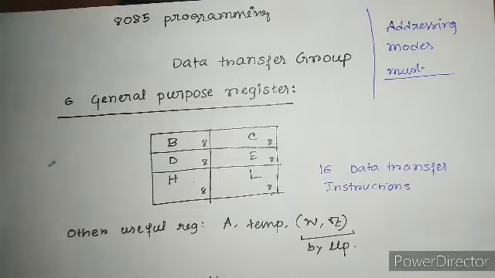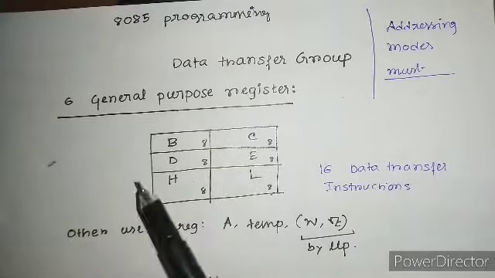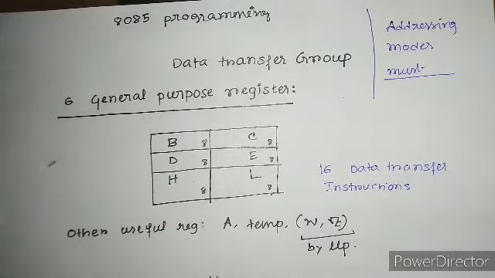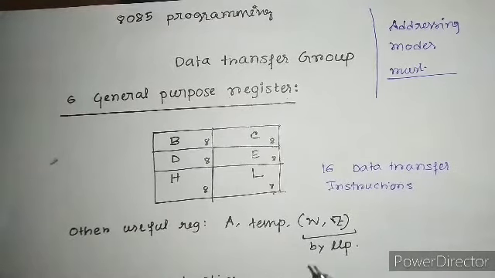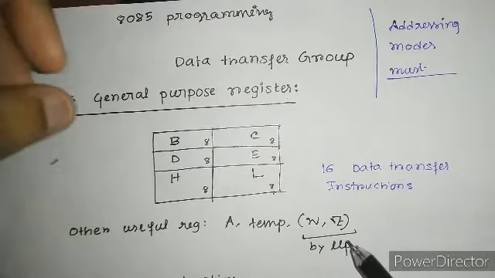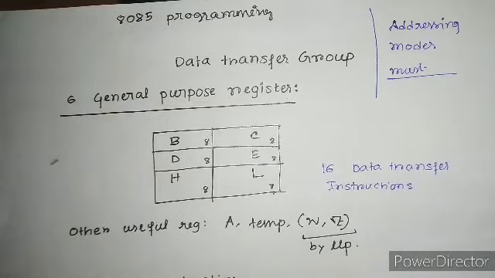You know that in the 8085 there are 6 general purpose registers: BC, DE, HL, and the other useful registers are the accumulator and the temporary register, which is not for your use, it is used by the processor. When we do programming, the value is temporarily stored in the temporary register. I'm sure you have watched the architecture video. And there is WZ, which is only used when some specific operations need to be performed.